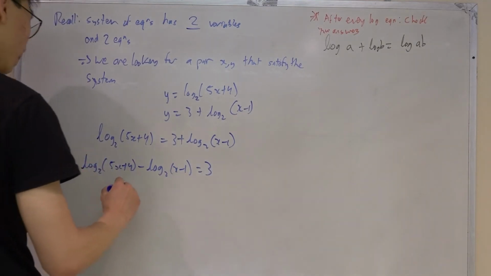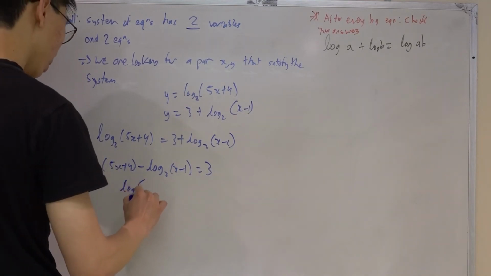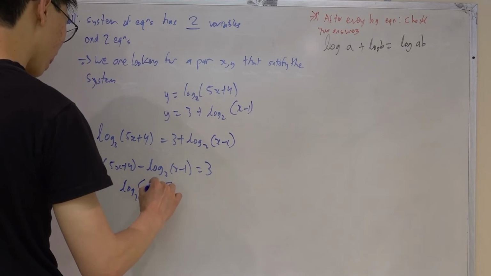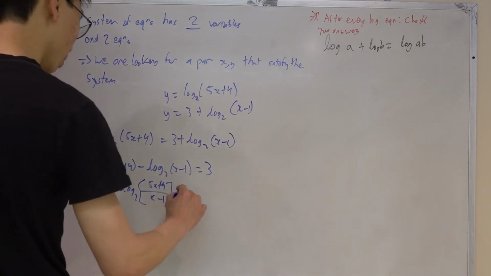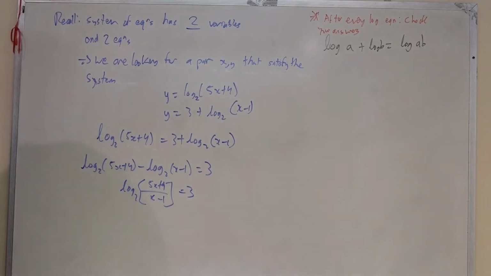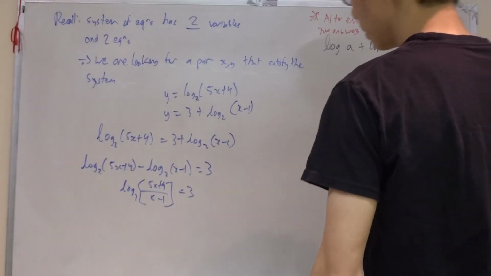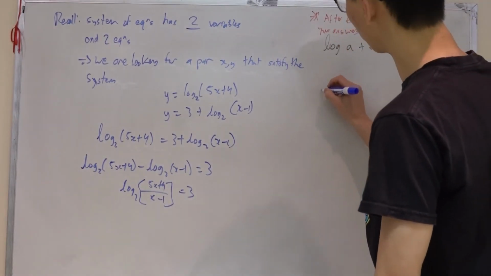Then dividing, you get log base 2 of 5x plus 4, all over x minus 1, equals 3. Great, now this becomes just your typical run-of-the-mill exponential logarithmic equation.